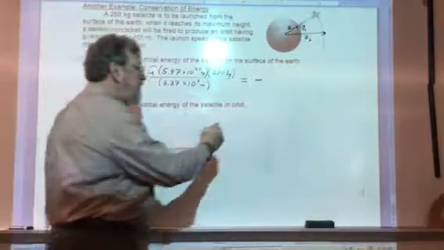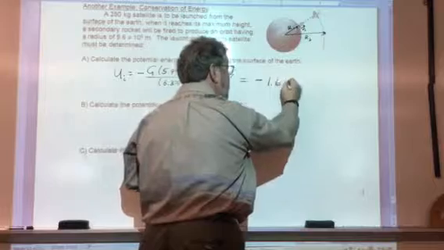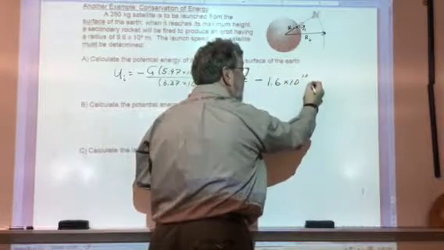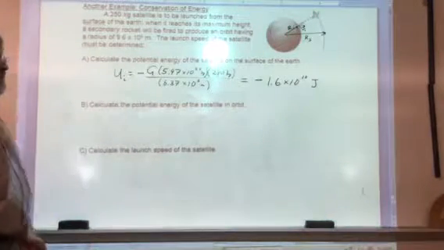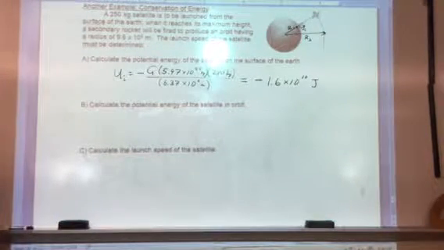It's negative 1.56 times 10 to the 10th. Okay, so we'll make it 1.6 times 10 to the 10th. And these would still be joules, and a joule isn't a large amount of energy, but there's 10 to the 10th of them, so the total is large.